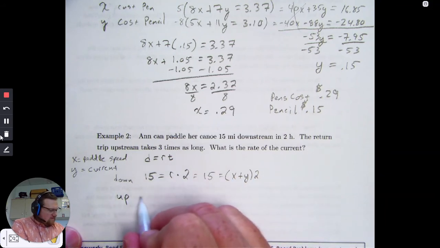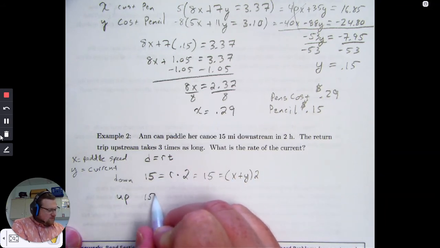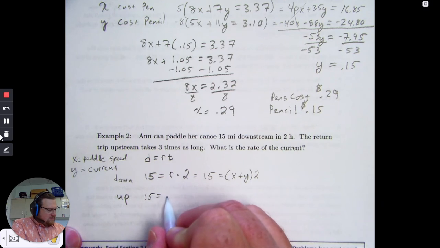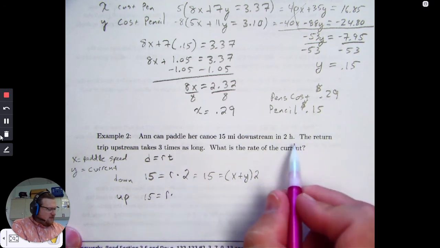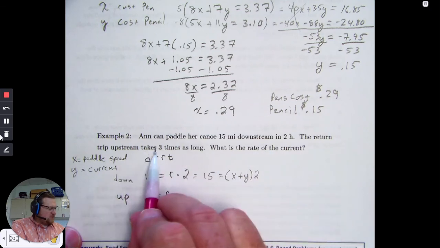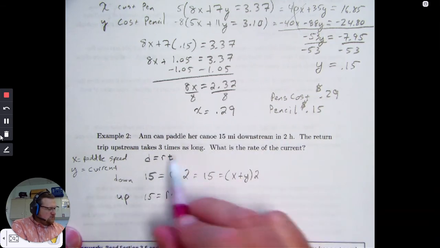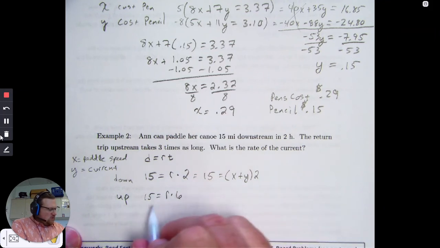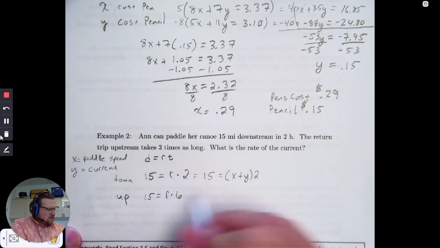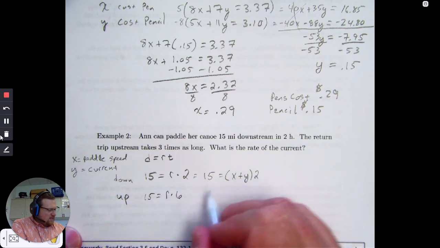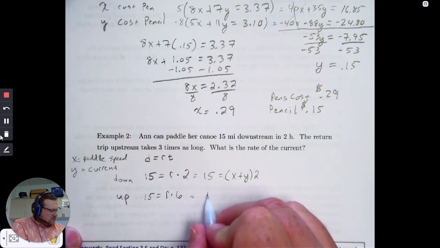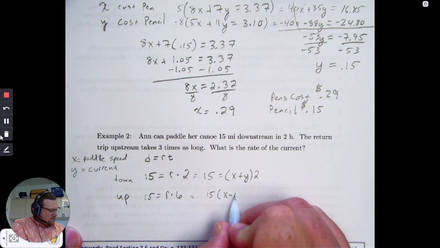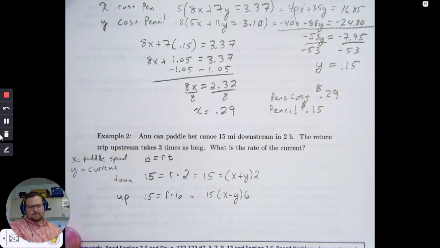On her way back up, we're going to have the same idea, except now we have the rate at which she's moving times, it says 3 times as long. So 2 times 3 is 6. Well, this r here, for this case, her rate is going to be x minus y, because on the way down, the current is pushing her.